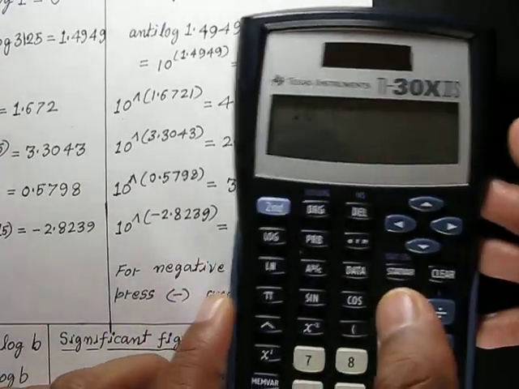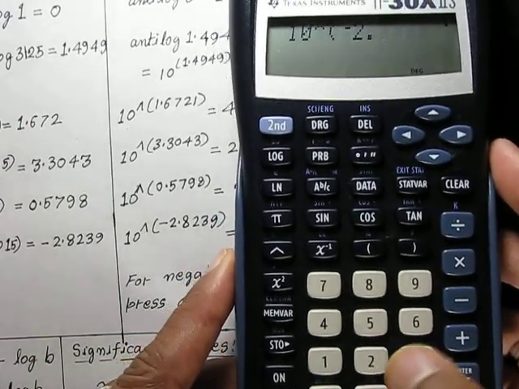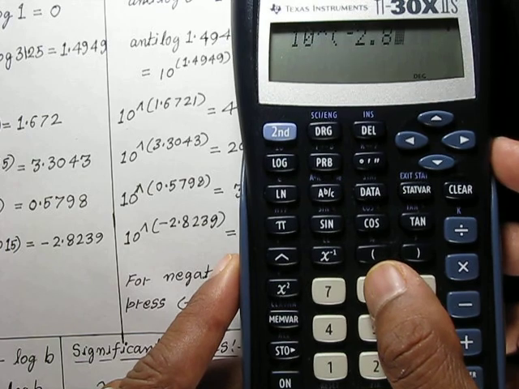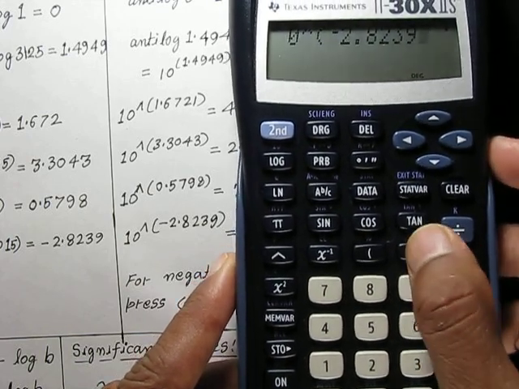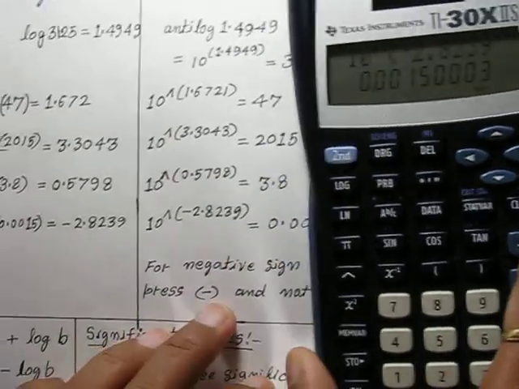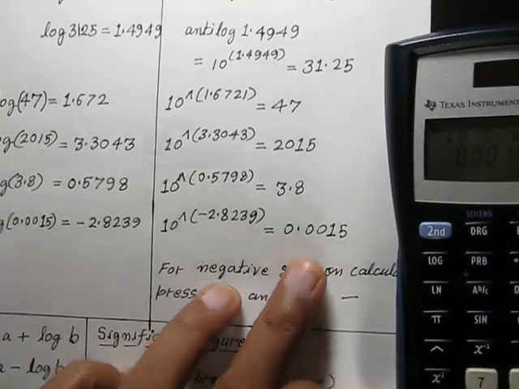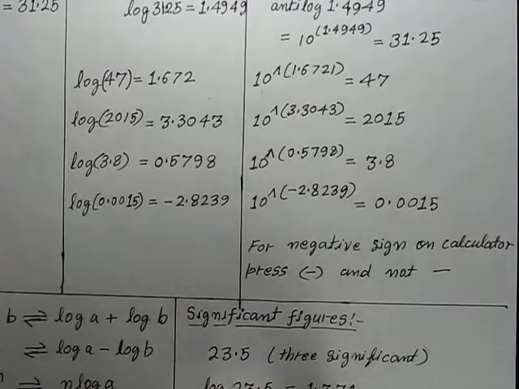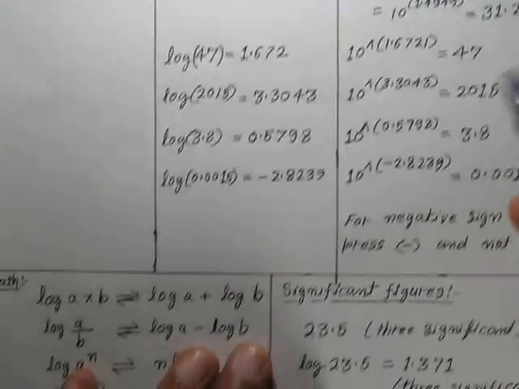Now we have the negative sign. Then the number 2.8239, parenthesis close, enter. Now you got the same number 0.0015. So these are some examples of how to take the log and anti-log from the calculator.